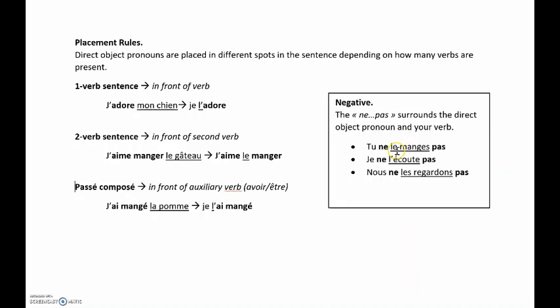I have my direct object pronoun le, and I have my verb mange, and they are sandwiched together with the ne and the pas. The next one, je ne l'écoute pas. Same thing, sandwiched together with the ne pas, and nous ne les regardons pas. Sandwiched together with ne and pas. So the ne pas is always going to surround both the direct object pronoun and the verb.